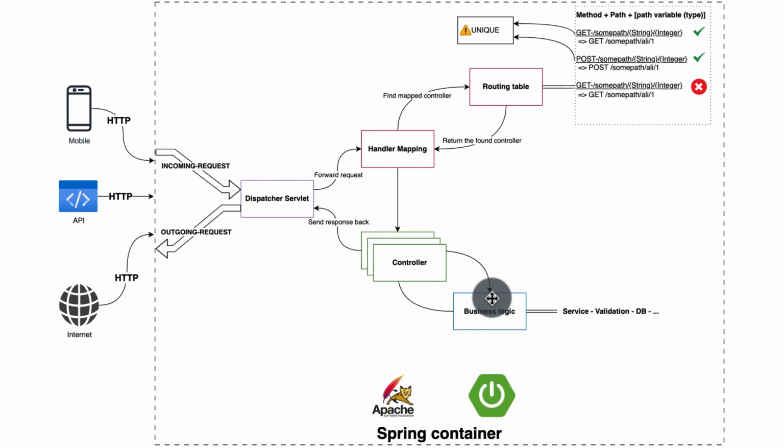Then of course it will go through all the layers of our application, business logic, validation, database, and so on, and then we will send back the response, and the response will return to the user as an outgoing response.